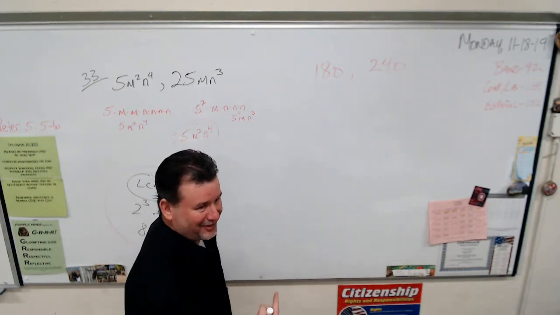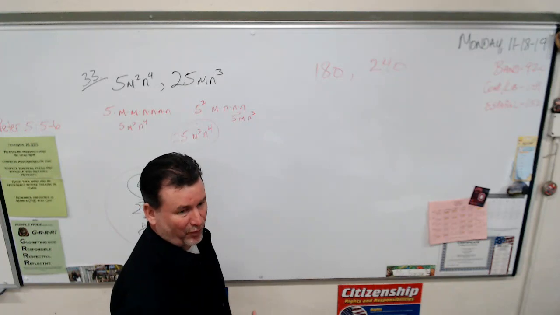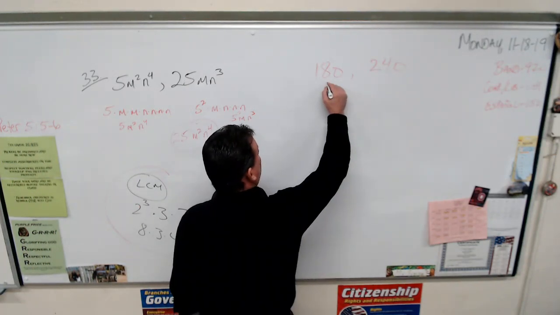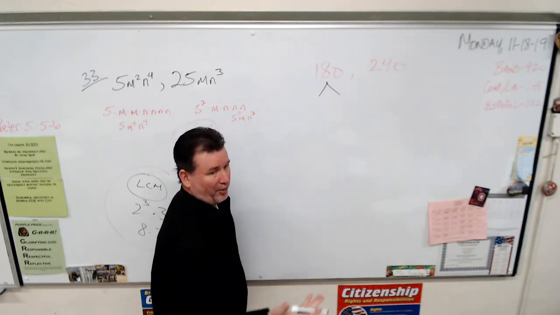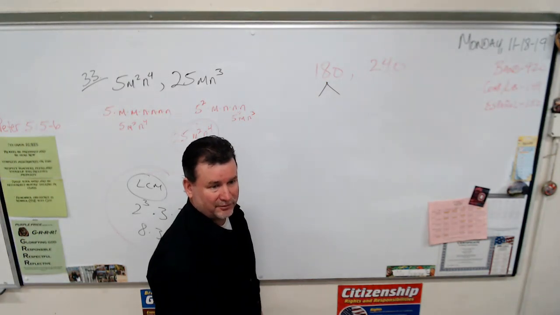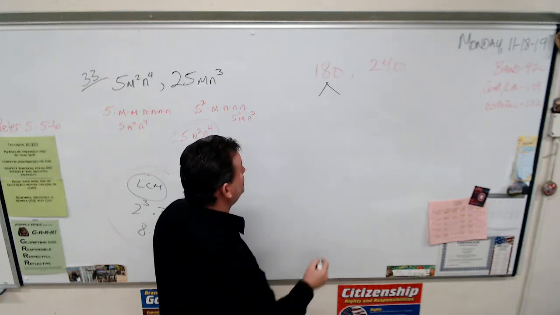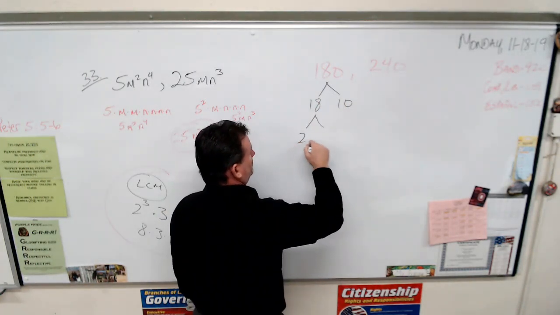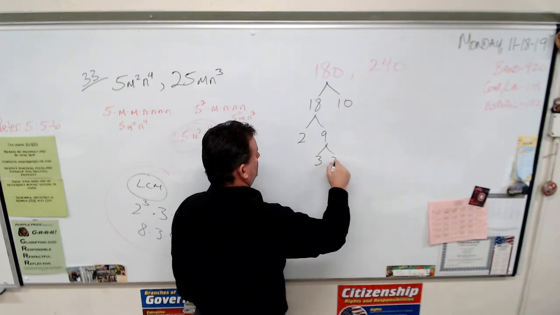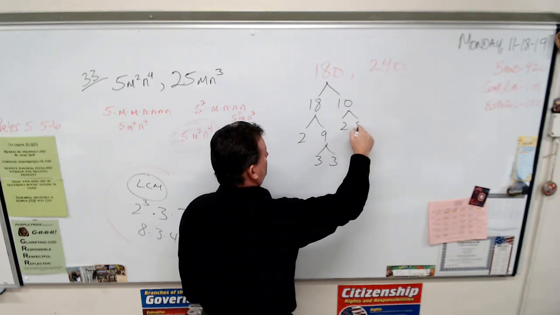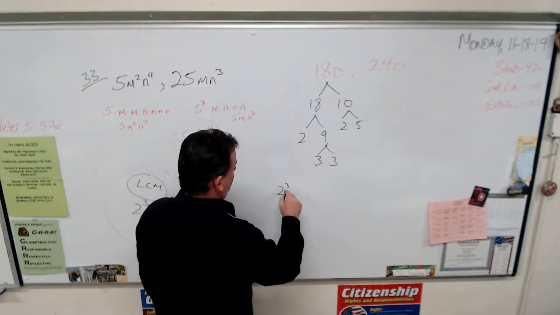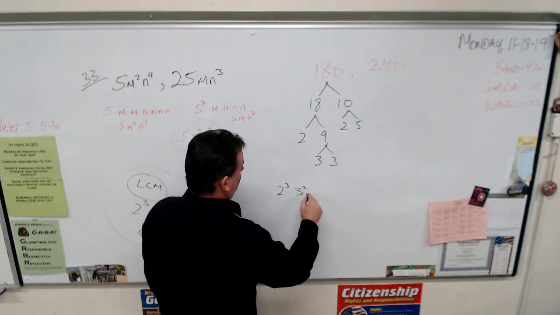Back to looking for least common multiple, right? First thing I got to do is do my prime factors. What do you want to start with? 18 times 10. So my factors for 180 are 2 squared times 3 squared times 5.